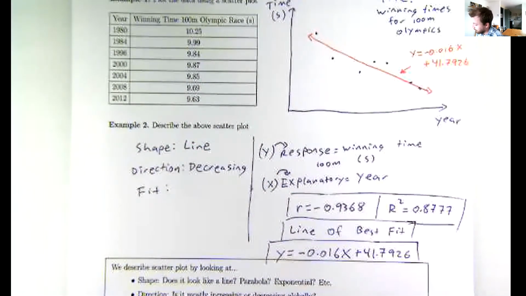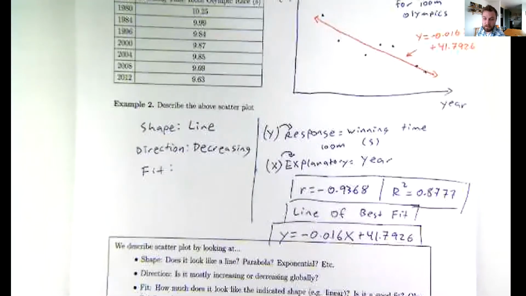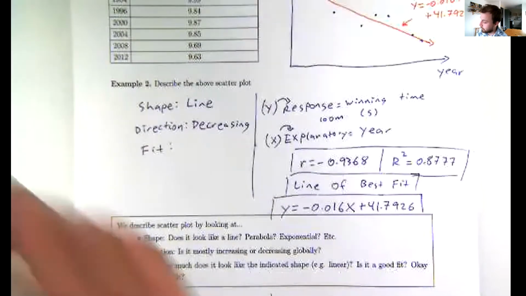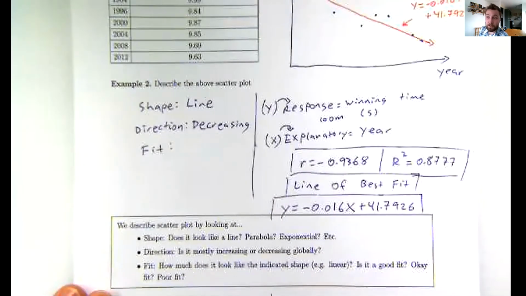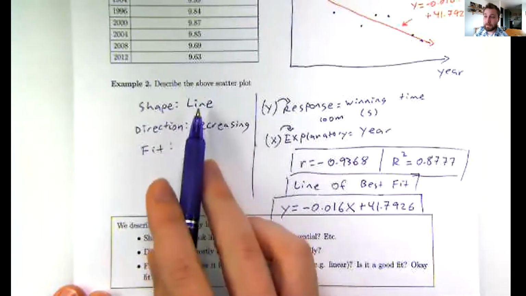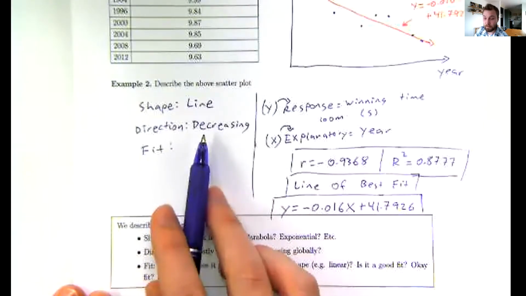And fit is how much does it look like the indicated shape. So shape is telling me if you squint your eyes, does it look like a line, a parabola, an exponential, whatever you think you see. This is like looking at clouds, and I can see a line and you can see a rabbit. It doesn't make one of us right. We just have to be consistent with whatever our choice is. So I said line. Line was decreasing.